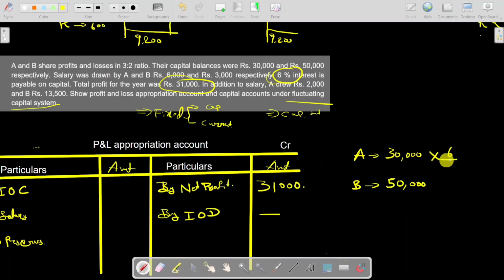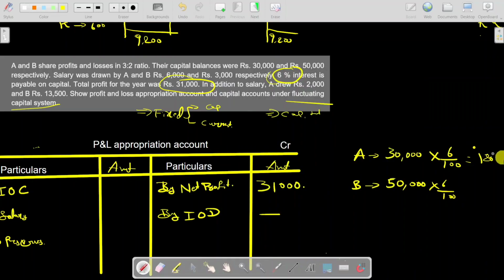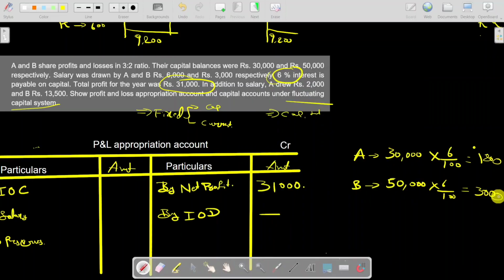So interest on capital will be 6% per annum. 30,000 into 6%, that is 1,800. For B, 50,000 into 6%, that is 3,000, right?